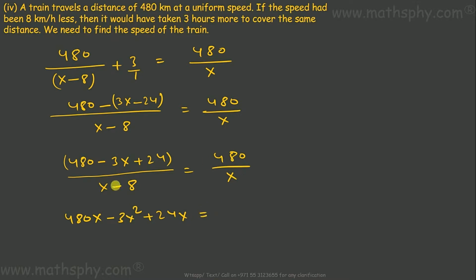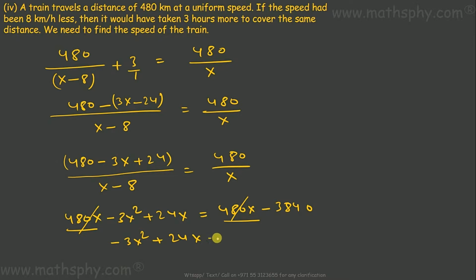This 480 gets multiplied with this. This gives you 480x minus 3840. 480x, 480x, both the sides, both positive, same signs. We can cancel it. So this gives me negative 3x squared plus 24x.